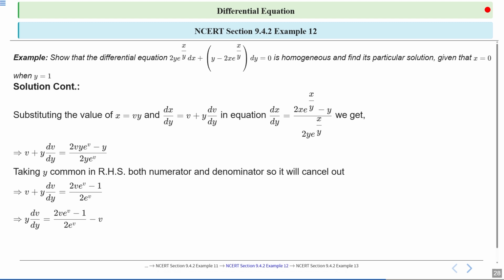So now we separate the variables. For separating, we write y dv/dy = (2v e^v - 1) / (2e^v), and take this v to the right hand side, we get minus v. When we simplify, we get y dv/dy = (2v e^v - 1 - 2v e^v) / (2e^v).